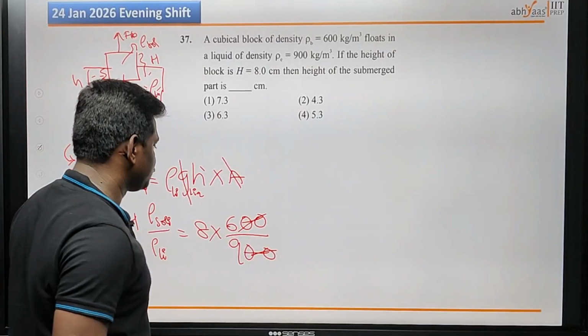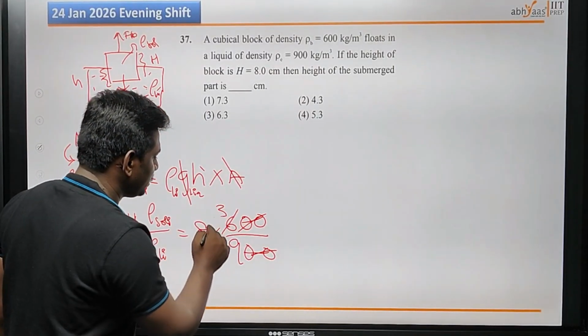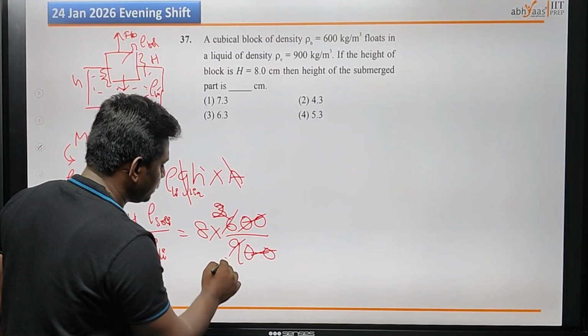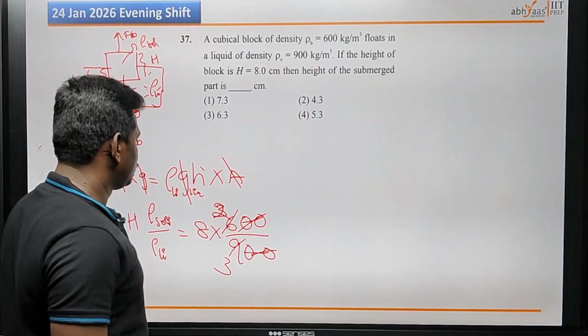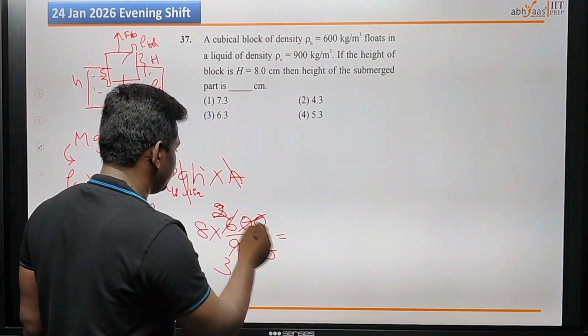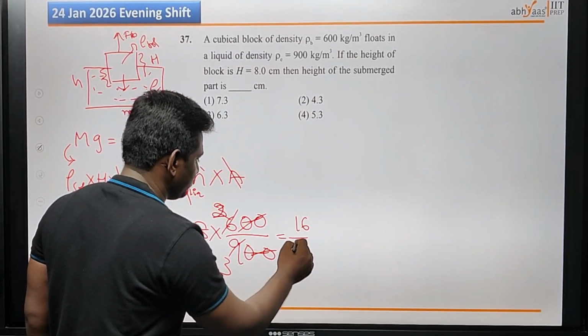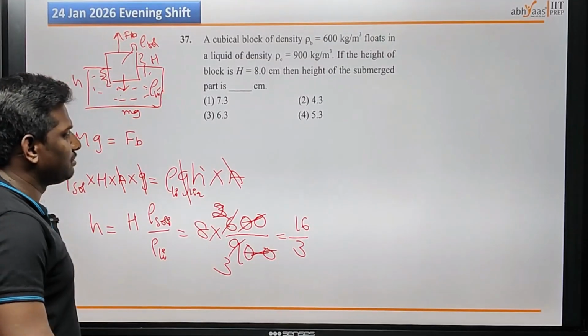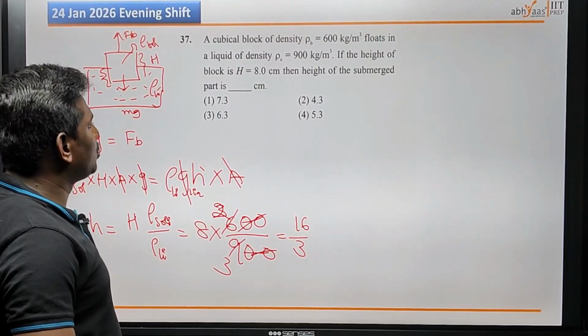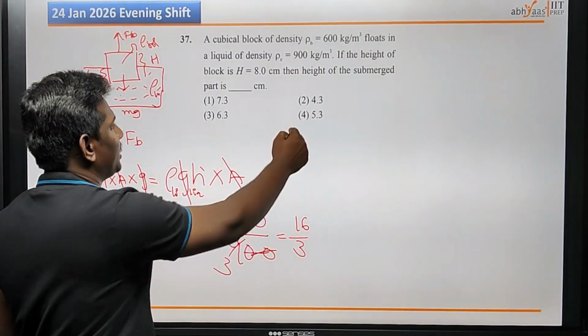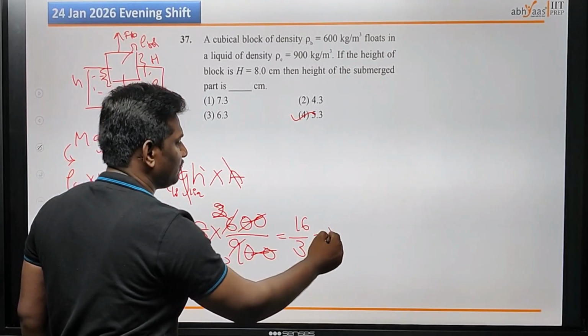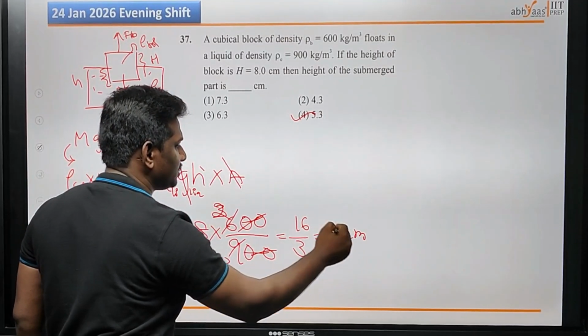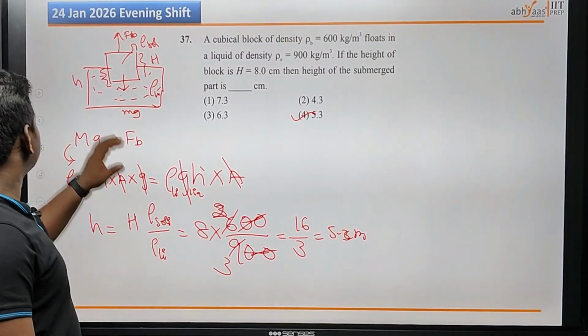Cancel these and you get 2 and 3, that is 16 by 3. So almost 5.3 centimeters. This is your answer.